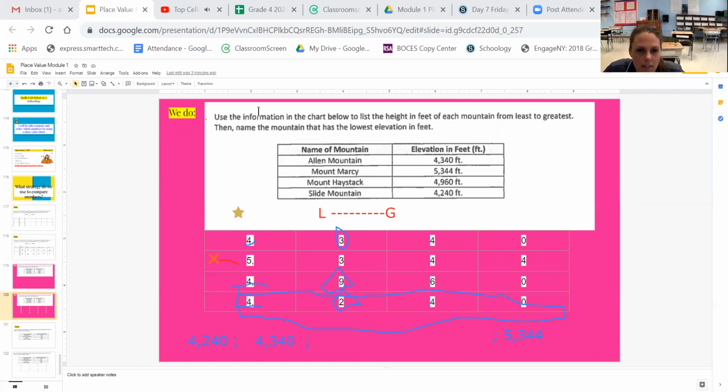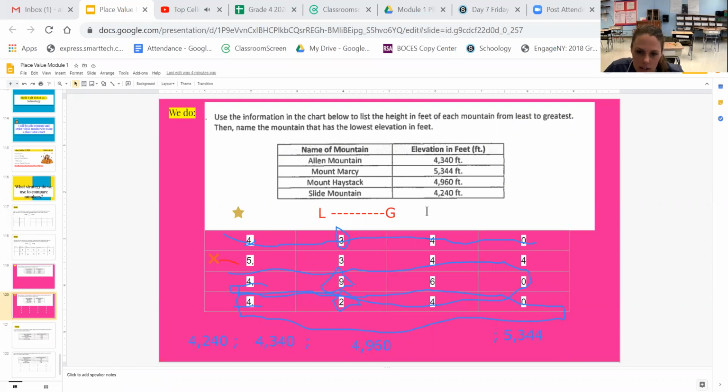I like to cross it off as I go so I don't get confused. So 4,340 is smaller, so we know last is 4,960. 4,960 feet.